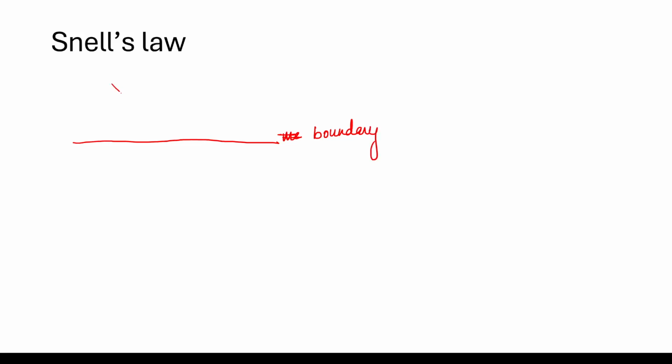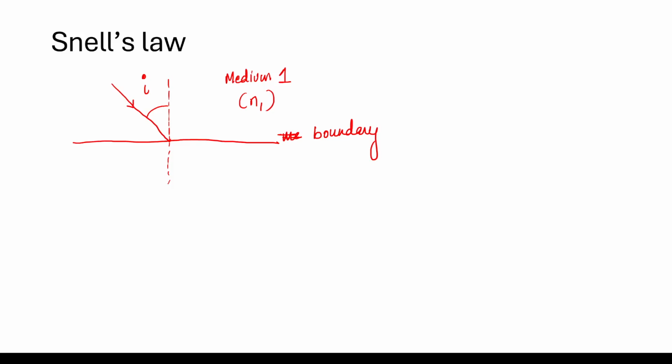Let's say a light ray is incident on the boundary. Now what you need to draw is a normal. So this angle here is the angle of incidence. So medium 1, refractive index is n1.